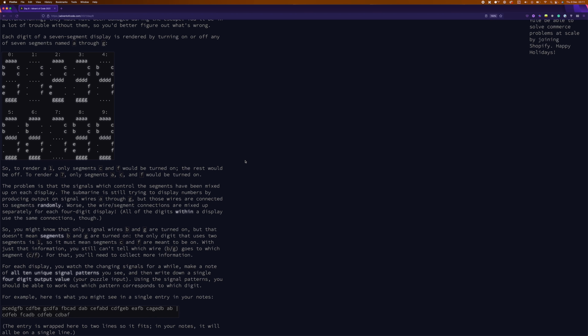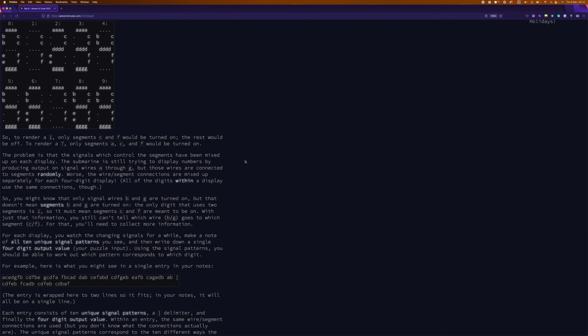The main complexity of the problem here is that we do have to calculate the number made from the digits on the right hand side of the vertical bar, but the encoding of all these numbers is not as it was defined in the first place. It's not actually CF that corresponds to 1, or we don't really know if it is. And every line can have a different encoding, but within a line, the encoding would be consistent.